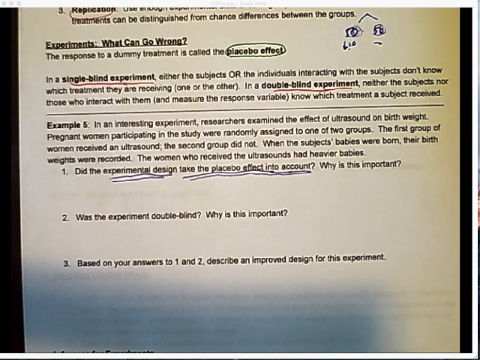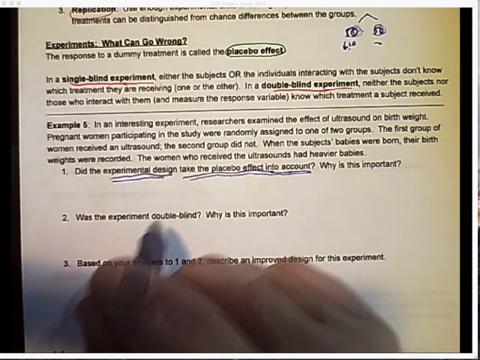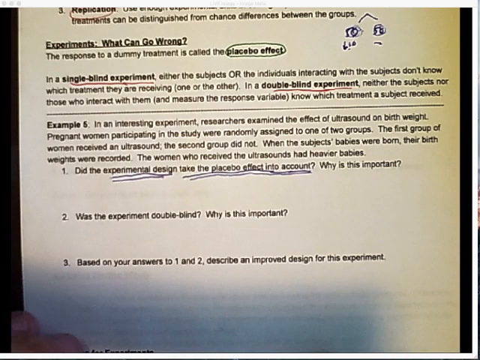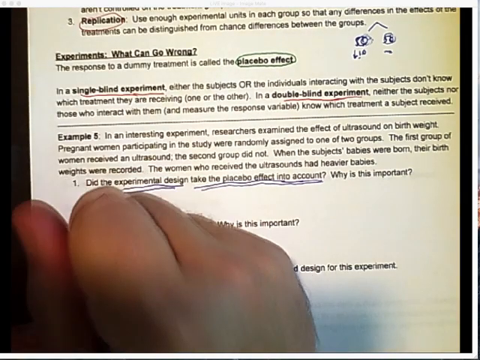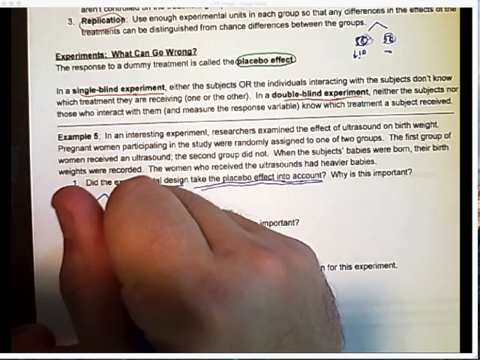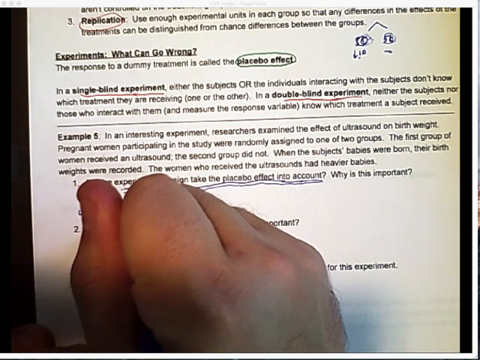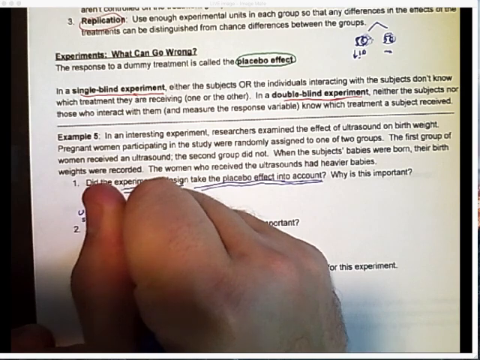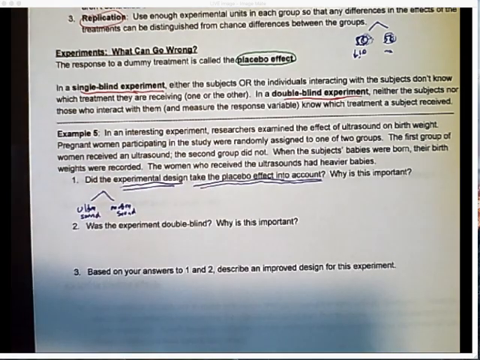So let's go back to the placebo effect. Was there a dummy treatment based on what they told us up here? So basically you had two groups. One group got an ultrasound and the other group no ultrasound. One group got it, one group didn't.